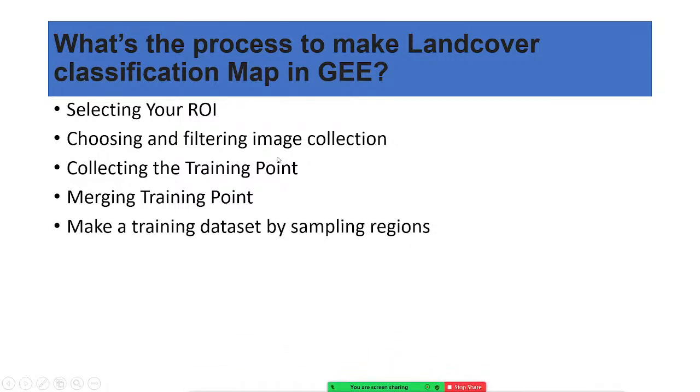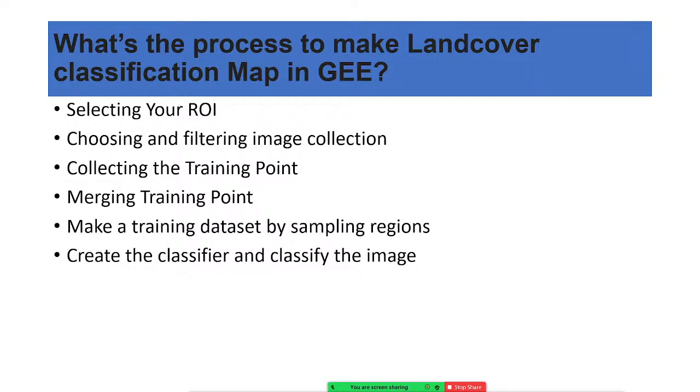Then you need to make a training dataset. Mainly at this time you can get the training dataset by using the image pixel values. I will also discuss this when I show you practically and write the code so that you can easily understand. Then you need to create the classifier.